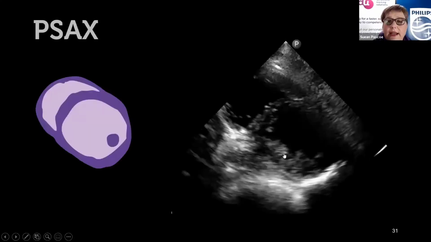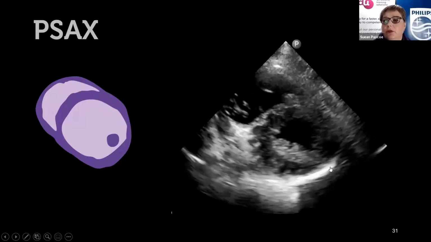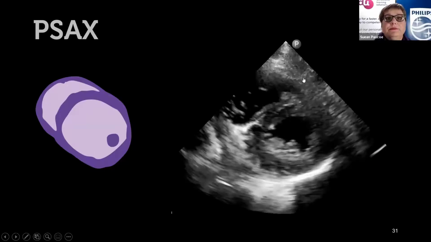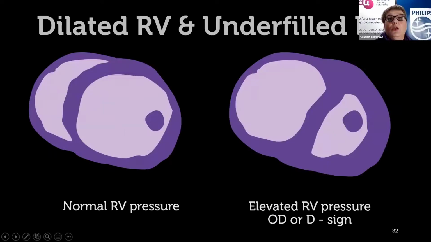In the parasternal short axis view, we're looking for the D sign and D shape of the left ventricle and paradoxical septal wall motion. So here is normal. We've got a nice round ventricle and a good RV here. You can also see on that parasternal short axis view, dilated right ventricle. So this is normal, and you've got this crescent shaped right ventricle there.